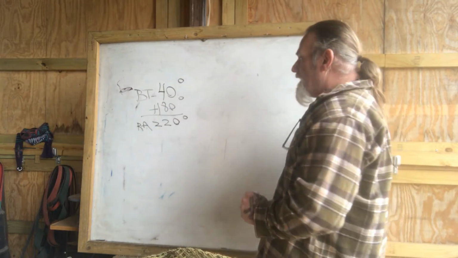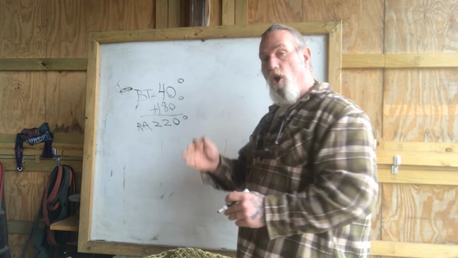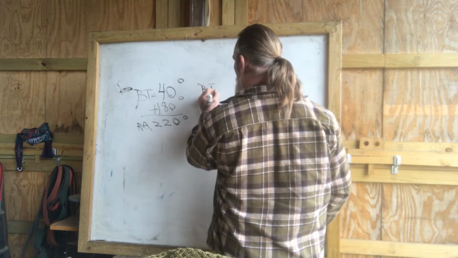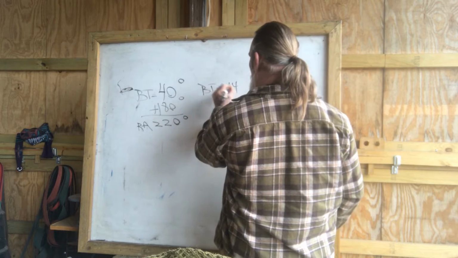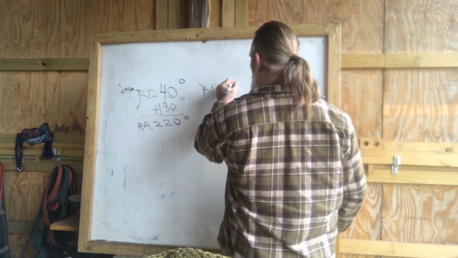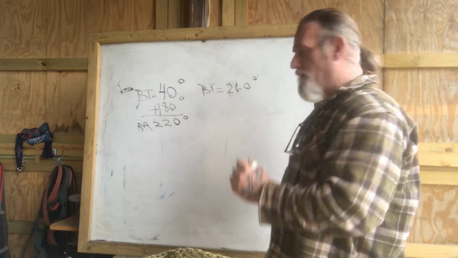Now, on the other hand, if our bearing of travel is over 180 degrees, so let's say our bearing of travel equals, say, 260 degrees. So now we're over that 180 degree mark.